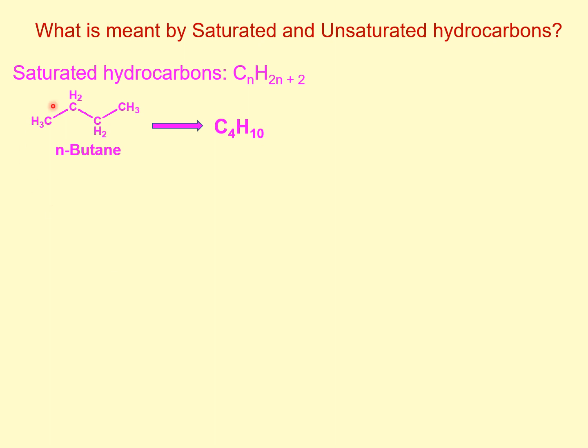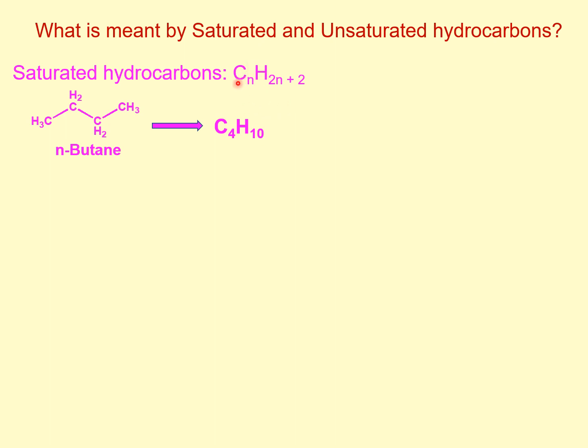On the screen, you are observing the structure of n-butane, which has the molecular formula C4H10. It belongs to the family of saturated hydrocarbons, also called alkanes, with the molecular formula CnH2n+2.